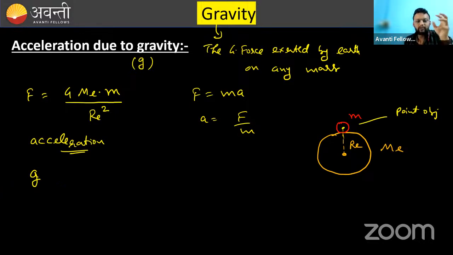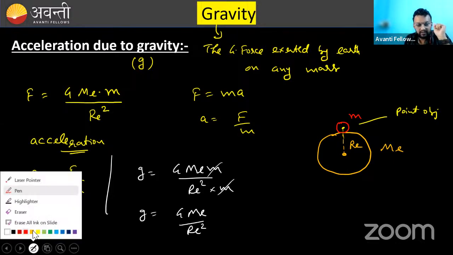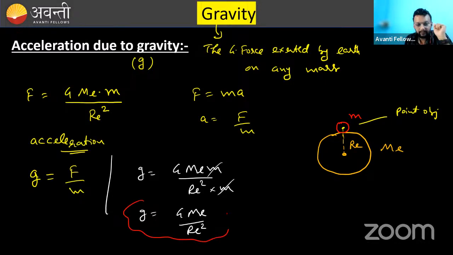We denote it with the symbol g, which is equal to force by mass. Now if you put the values, g will become, force is G Me m divided by Re square. This is force divided by mass, and m will cancel out. g is equal to G Me over Re square. So this is acceleration due to gravity.